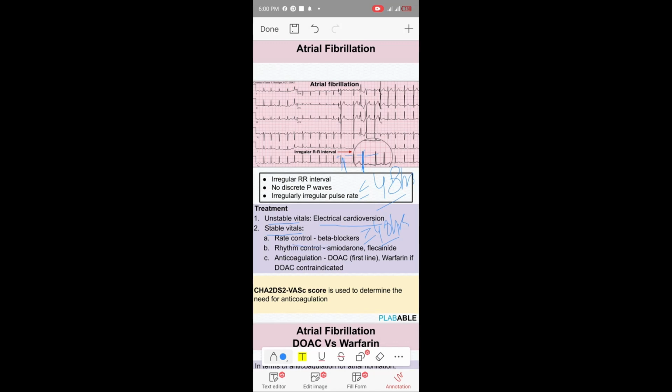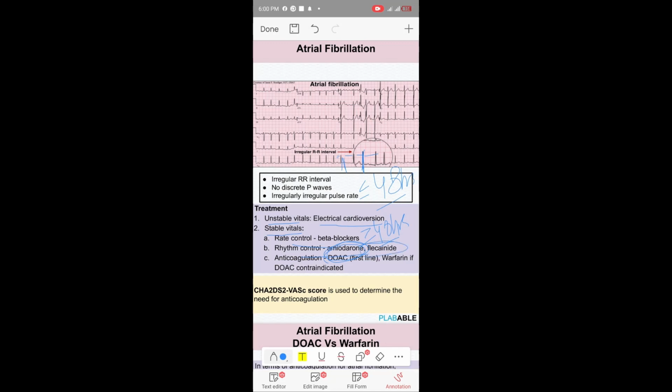For rate control, you use beta blockers; they use verapamil as well. For rhythm control, amiodarone and flecainide. If the patient has structural heart disease, then go for amiodarone for chemical cardioversion. Otherwise, you can use flecainide as well.